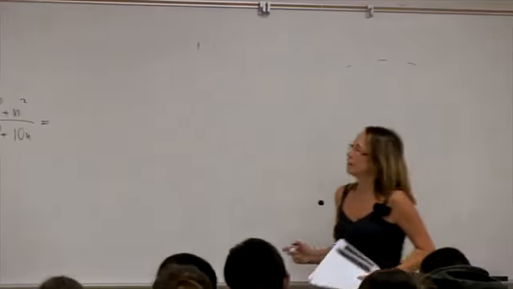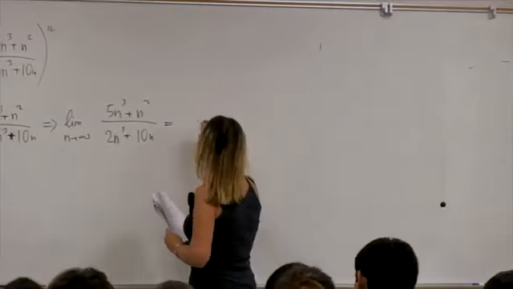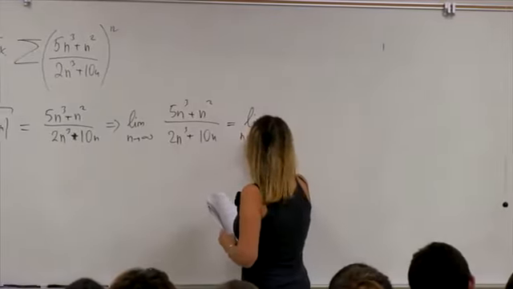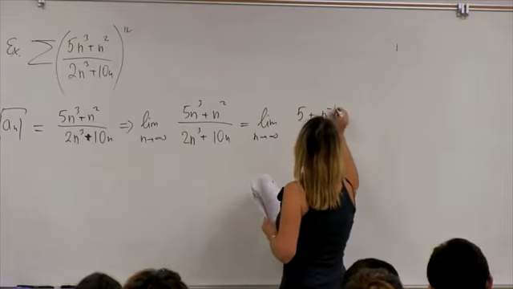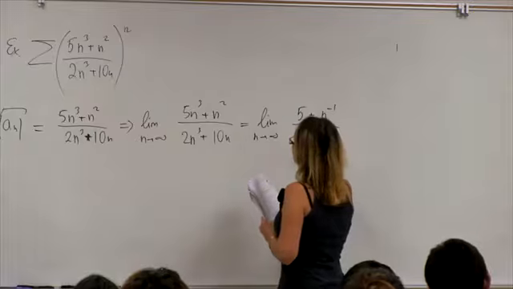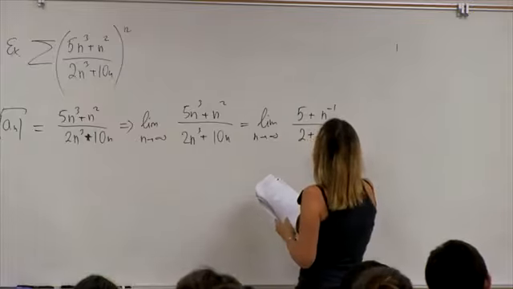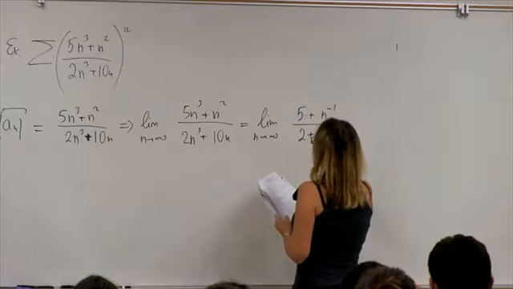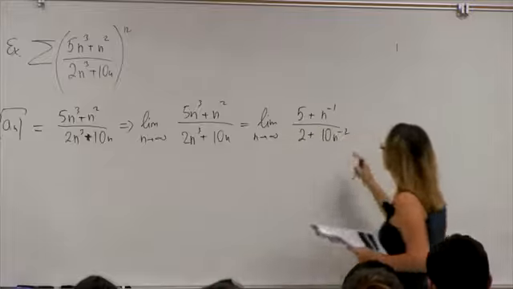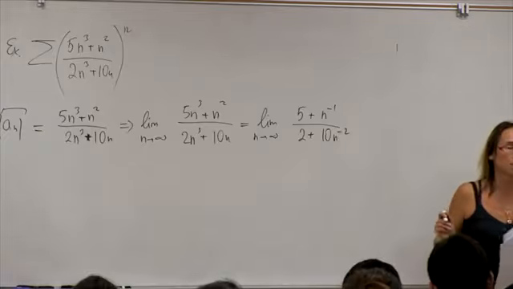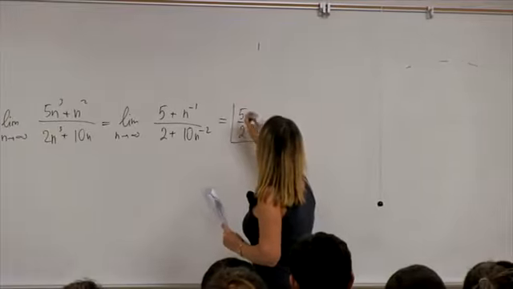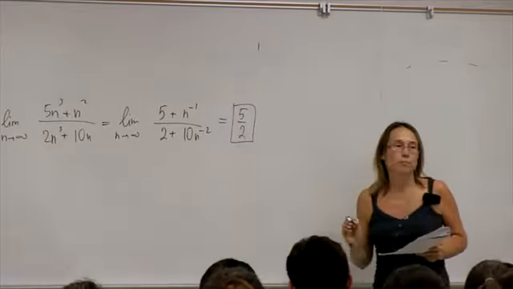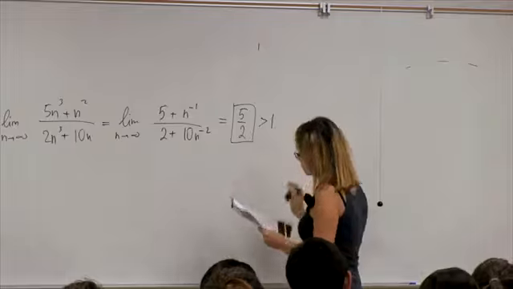We divide by n cubed, right? These two terms decay to 0, and the answer is 5 over 2, 2.5, which is greater than 1.